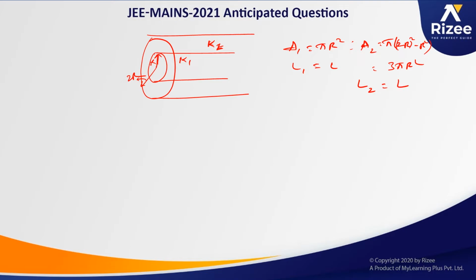As the tubes are in parallel combination, the total heat supplied H is equal to H1 plus H2.